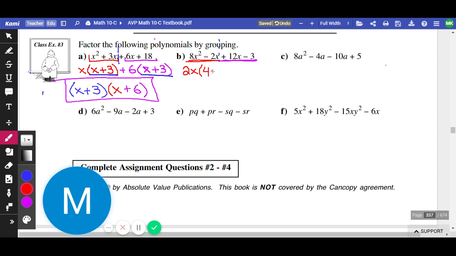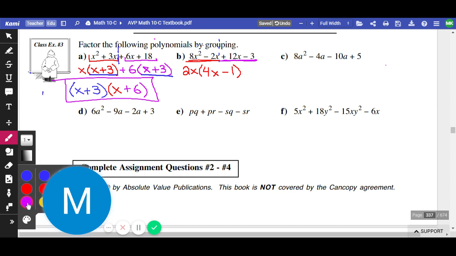X squared divided by x is x. What happens when I take the negative 2x and divide it by 2x? You get negative 1. So make sure the symbol stays as a minus, because there was a minus in between them. But things don't just cancel out when you factor them out. If it's a complete thing you're factoring out, the whole term, it's a 1. And you need a placeholder there.